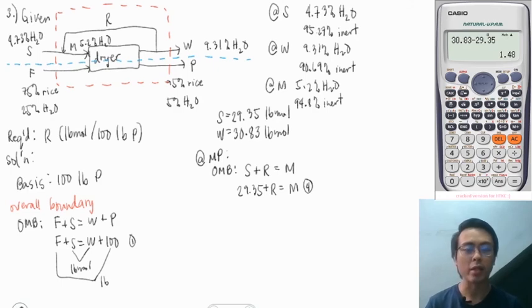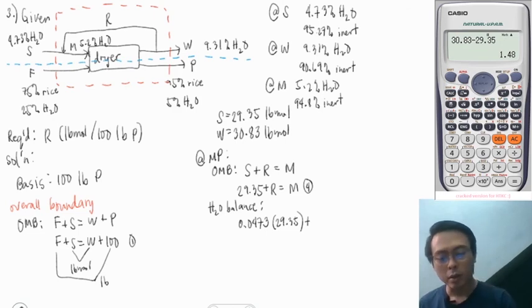Component balance. The component that we are familiar with in this case is water. So let's perform the water balance at the mixing point only. So what's your water balance? 0.0473 times S plus R. Now the question is, what is the composition of R, or what is the water content of R?